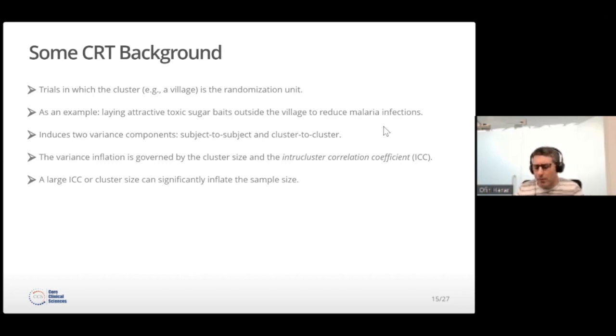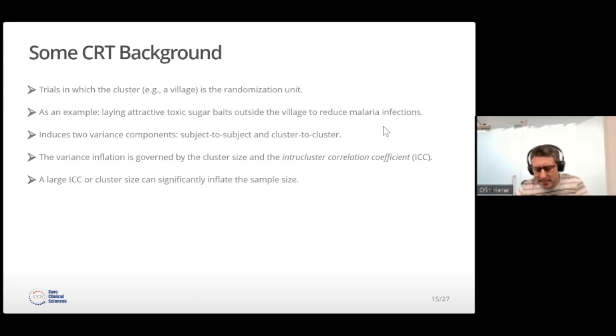When we operate that way, all of a sudden we have not just the single variance component in our model. It's not just the individual to individual variability. It is also the cluster to cluster variability. For example, some villages are at a higher altitude than others, so they are less prone to malaria infection, right?